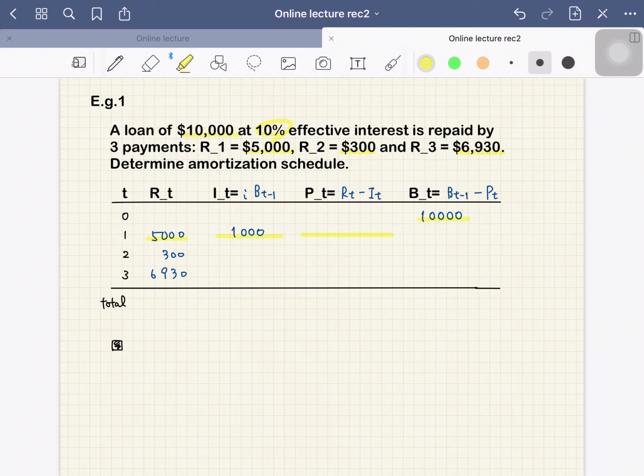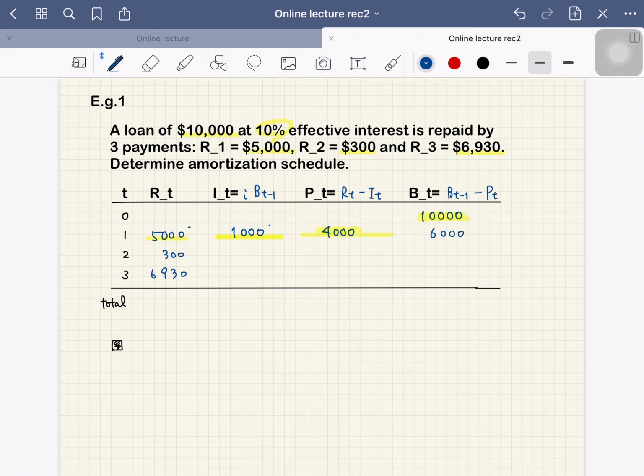Total payment is 5,000 and interest is 1,000, so the remaining amount is 5,000 minus 1,000, so $4,000. So now the balance at time 1 is $10,000 minus $4,000, so this is $6,000.